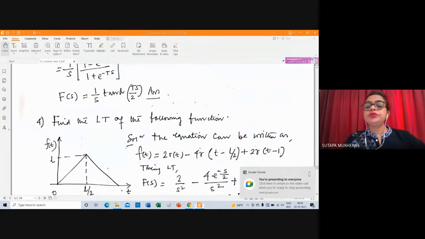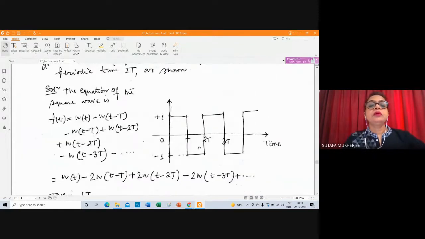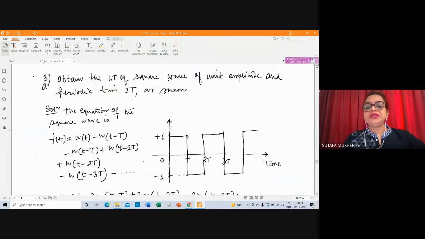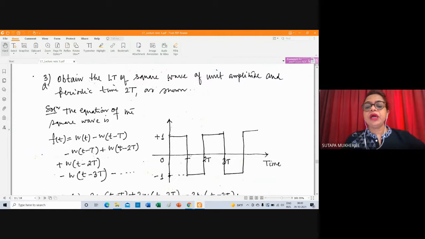Now come to this slide. Is this a repetitive function? Yes or no? This is a square wave. Yes, ma'am, it is a repetitive function starting from 0, after T, after 2T. So it will repeat after 2T. Okay. So how can you determine the Laplace transform of this repetitive function?